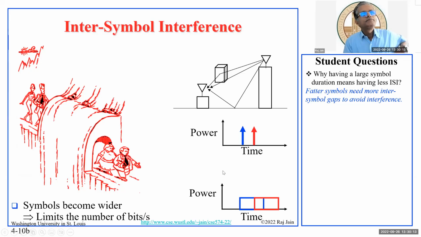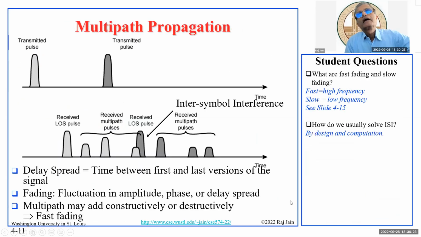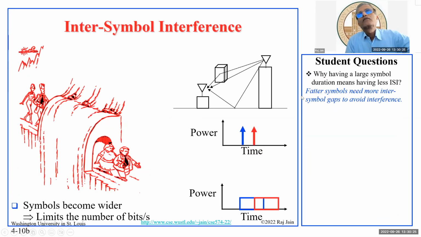When did I say that? Symbols become wider, they limit the number of bits. Fatter symbols need more intersymbol gaps to avoid interference. So, to avoid interference, you need gaps.